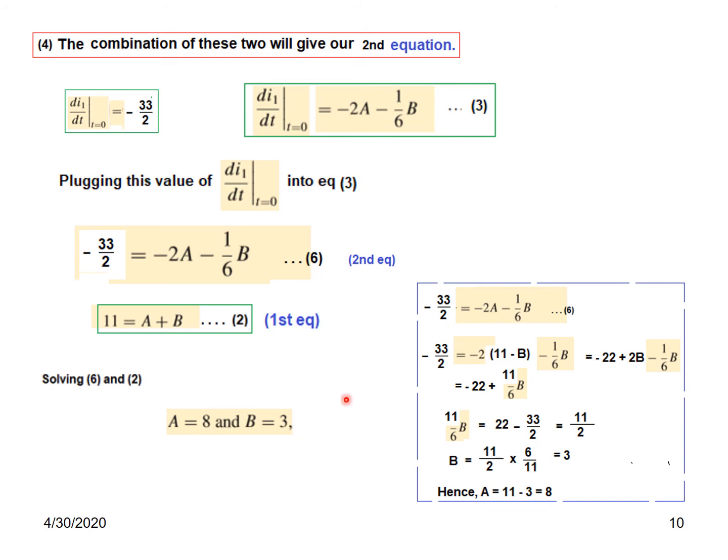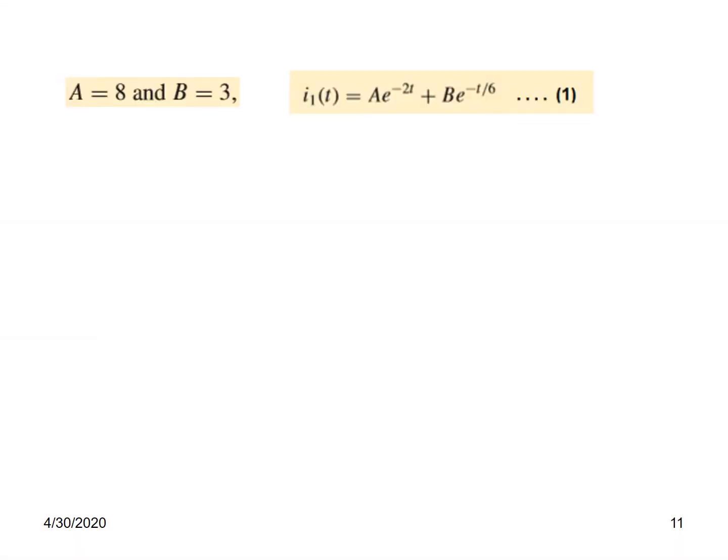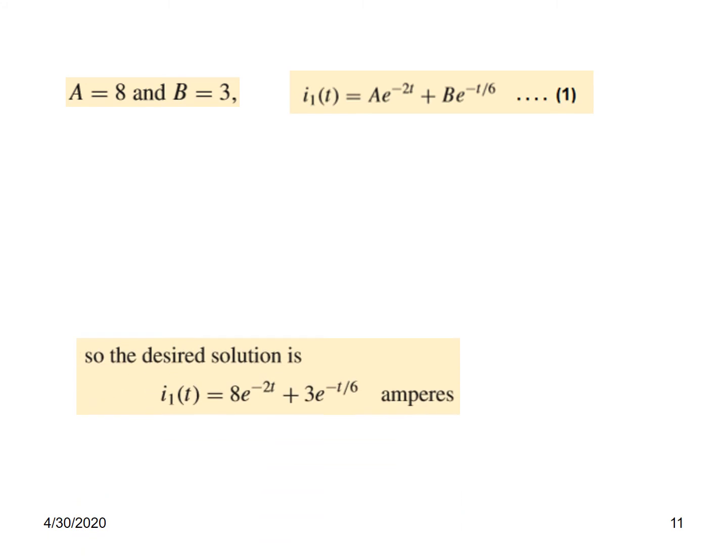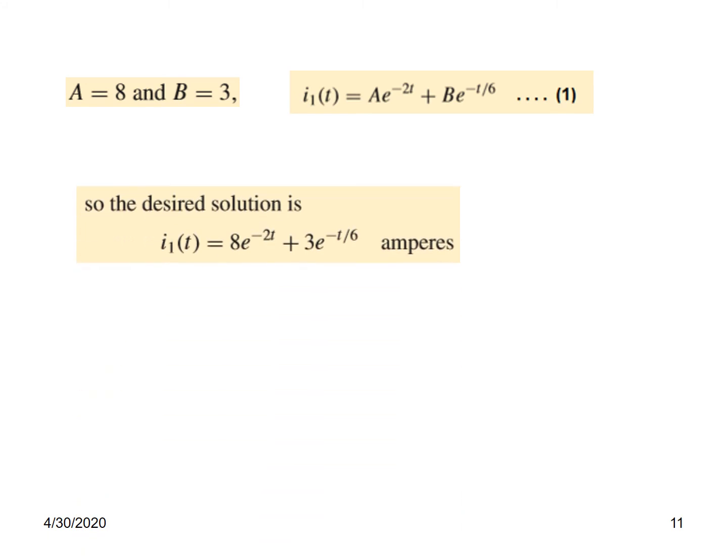So that is how you get A and B. So we had A, we had B, and this was the initial equation number 1. So we now plug in the values of A and B. So this is our desired solution for I1(t). A is 8 and B is 3.